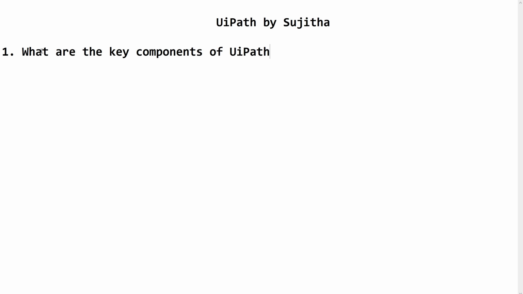So what are the key components of UiPath? There are many components in UiPath, but we have only 3 key components. Okay. So what are those? First one is UiPath Studio. Okay.